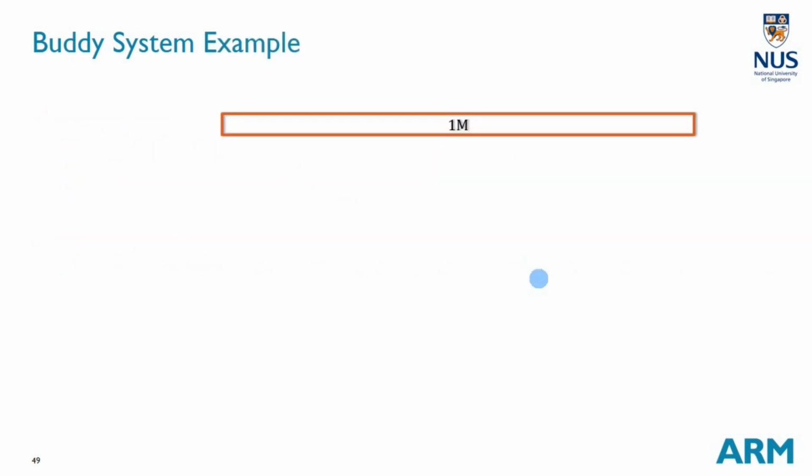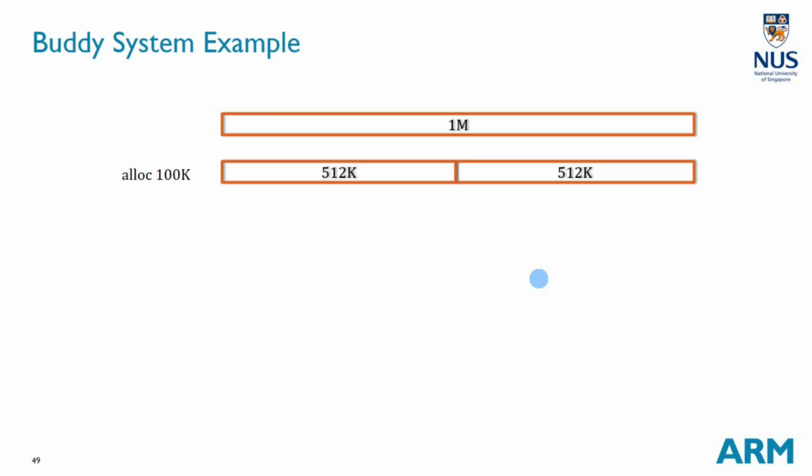In this case I have a buddy system with again 1 megabyte, and I want 100k. So I first split it up into 512 and 512, and from there I split it up into 256 and 256 and then 128 and 128. Out of the 128 over here I allocate this 100k.